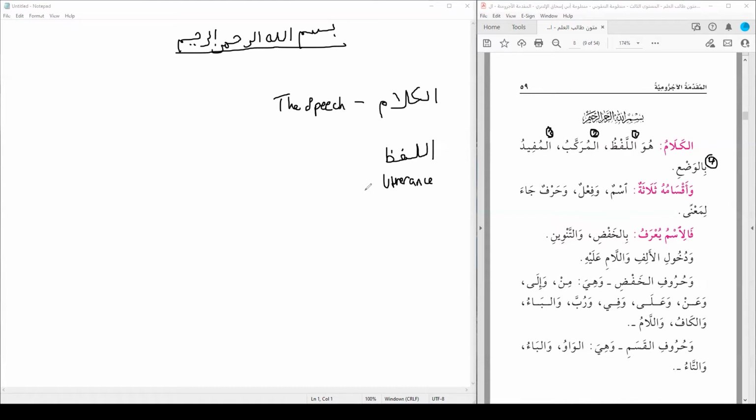So we'll write it in English, inshallah. It's a sound that originates from your mouth, and it contains some Arabic letters.